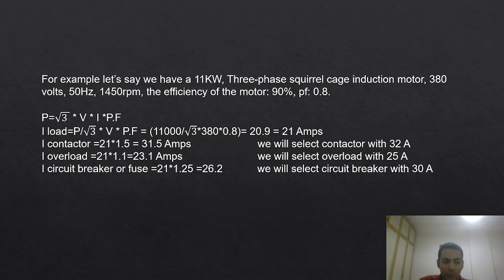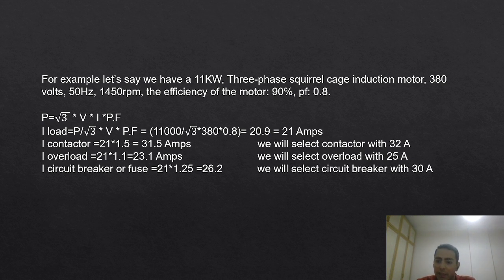relation the load current, and from the load current we multiply it by 1.5 in case of contactor, 1.1 in case of overload, and 1.25 in case of circuit breaker or fuse, and get our maximum values of amperes.